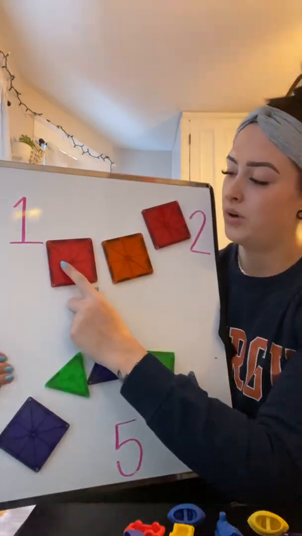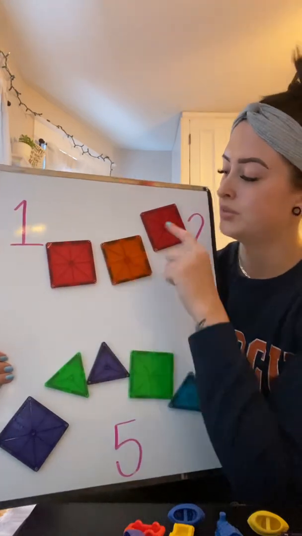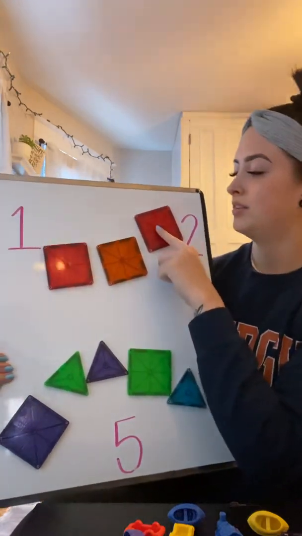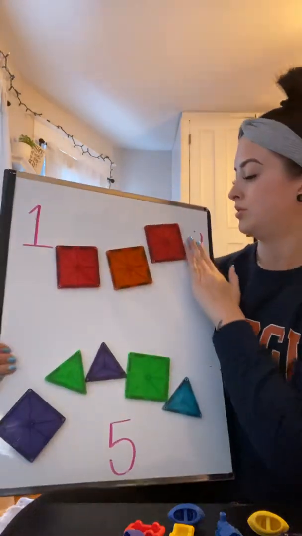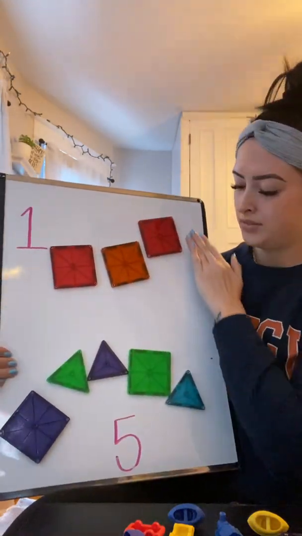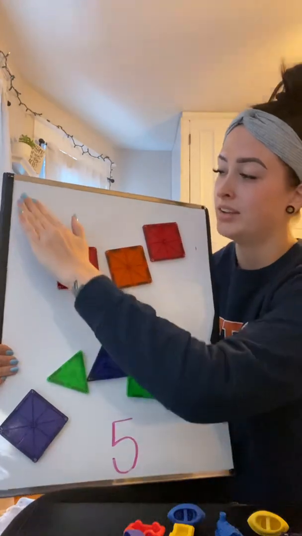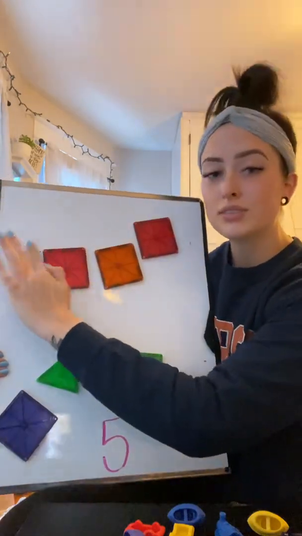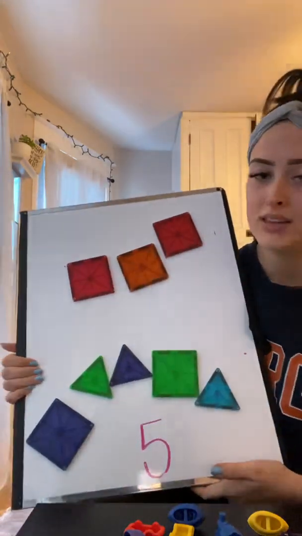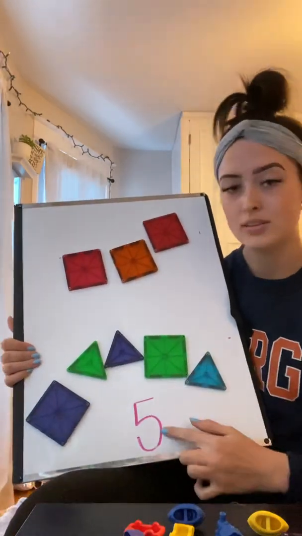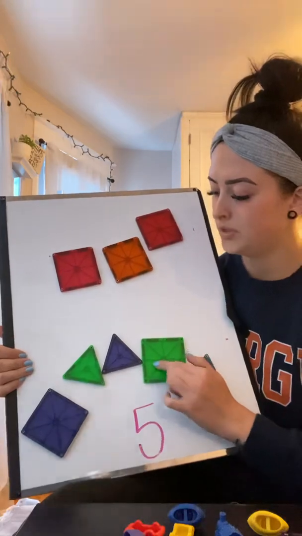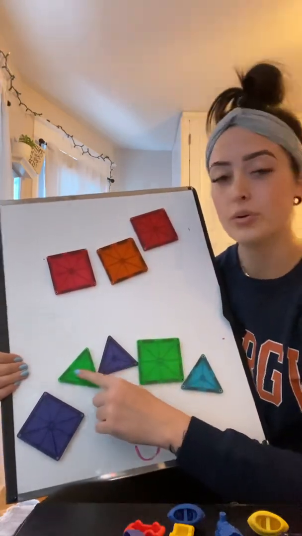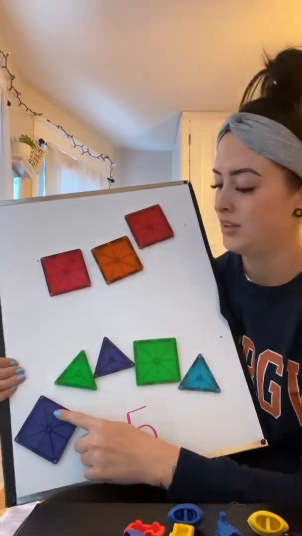There is 1, 2, 3 on this top one, and then coming down to the bottom one, how many do we have? I didn't change the number of them, so it's still going to be the same number that we counted last time. So there's the number 5. And there's still 1, 2, 3, 4, and 5.